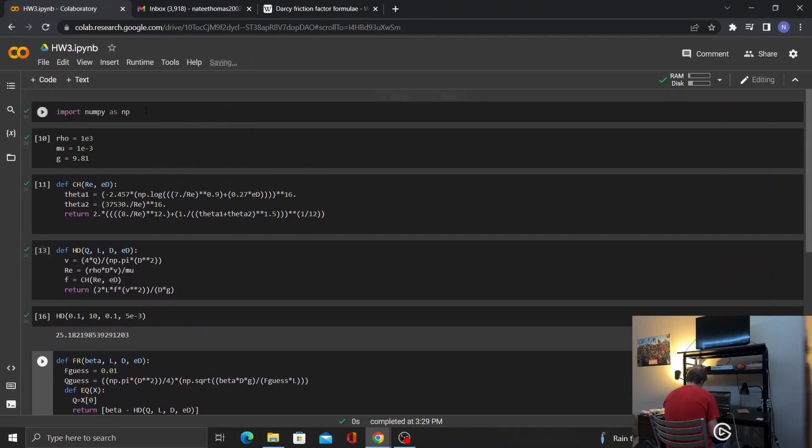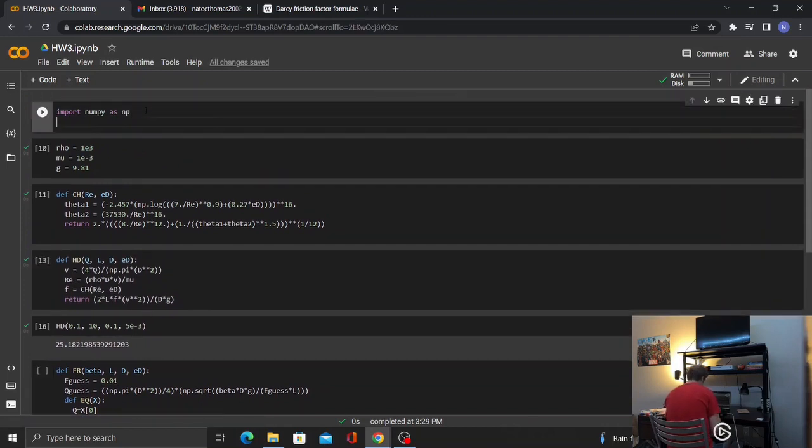And then we have to again get our root solver. So from scipy.optimize import root. And I'm just going to run all.